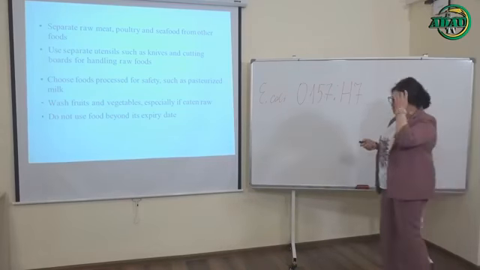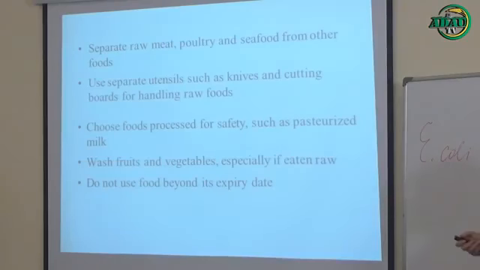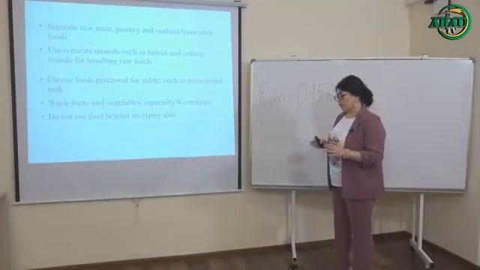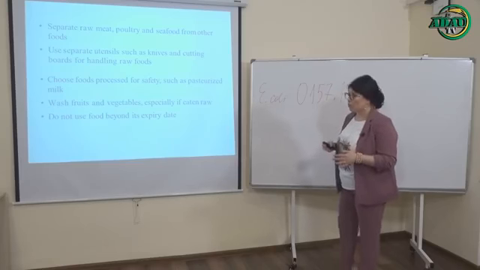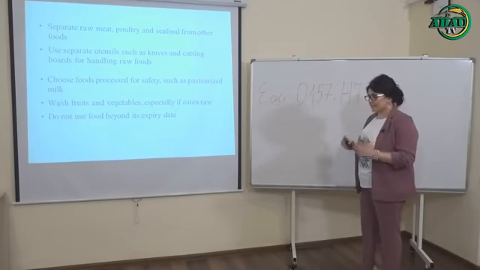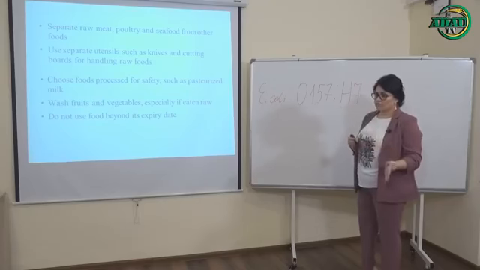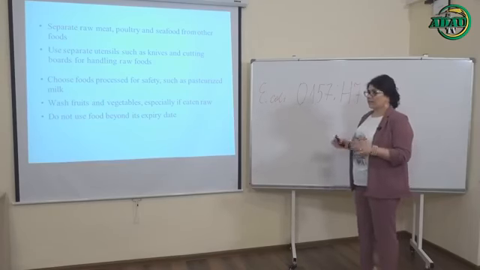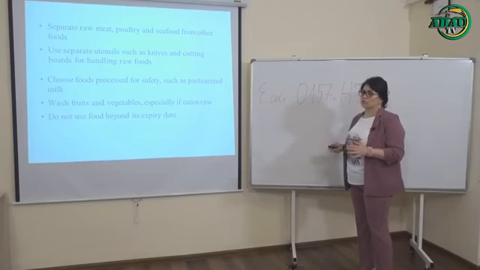For example, there was a movie, I do not remember the name of the movie. They showed that the cook who was going to prepare some kind of food from pork just cut poultry meat and the pork with the same knife, and it caused a lot of diseases.